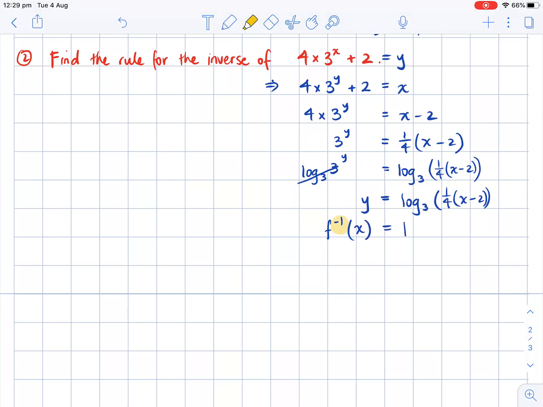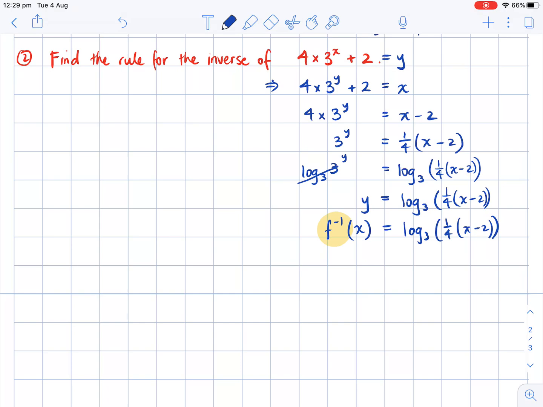So this is my notation for the inverse function. Alright, so there's my inverse function. I swap the x and y values around, and then I rearrange the equation to get y back by itself.